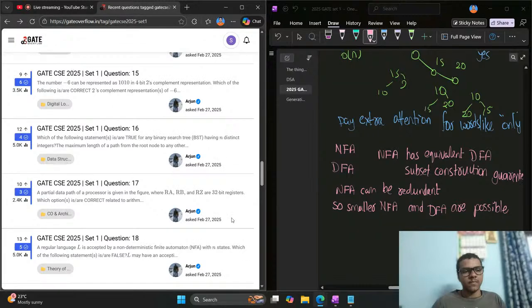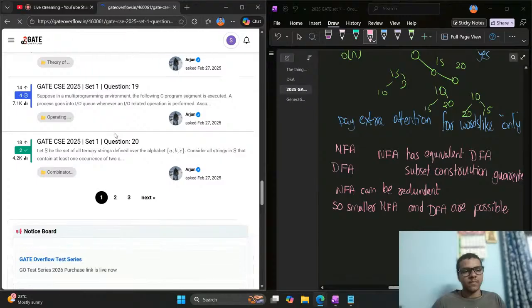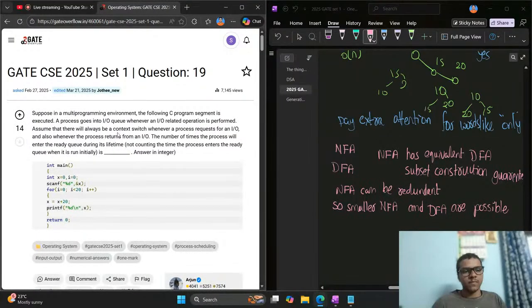Let's go back. Suppose in a multi-programming environment, a program segment is executed, a process goes into the IO queue and more. Okay, this is an OS question, I see. An operation is performed assuming that there will be a context switch whenever a process requires IO and whenever the process returns from the IO.